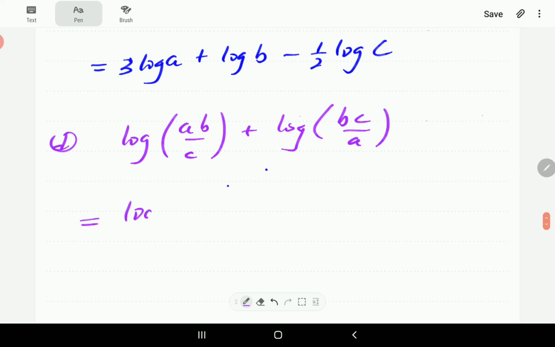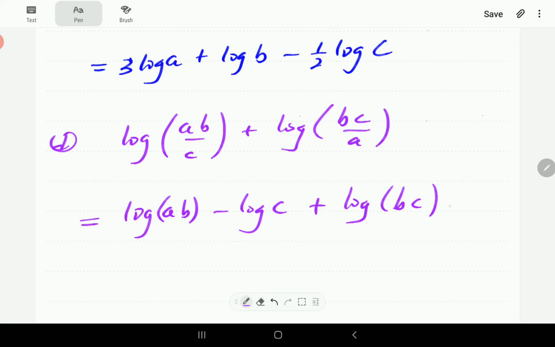The first term is going to be log ab minus log c, using the property of the log of a quotient. The second term, by the same property, is log bc minus log a.